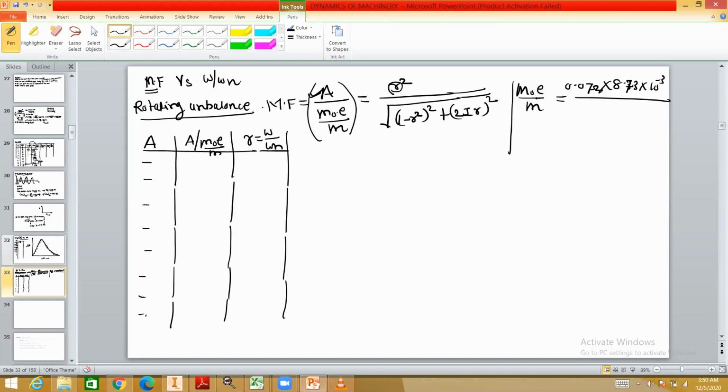That total mass is 5.16 plus 0.81 plus 0.072. Okay, so find out this value.